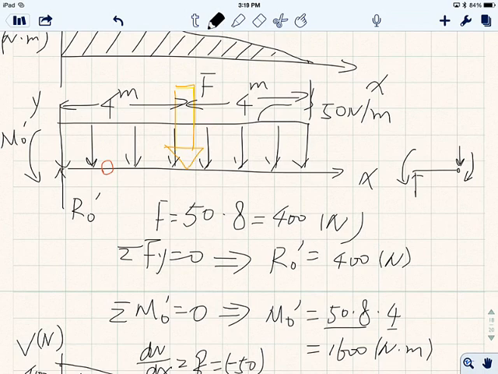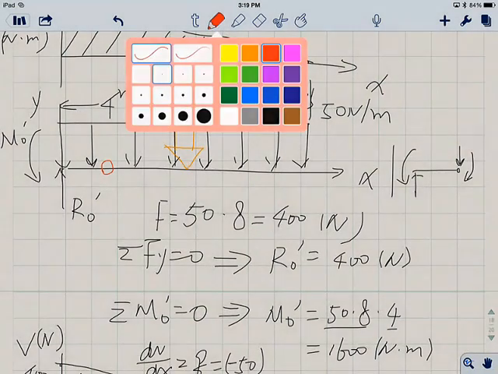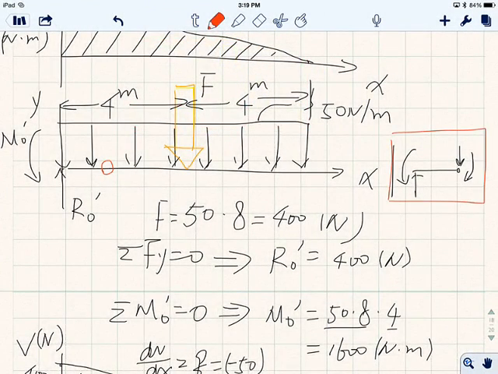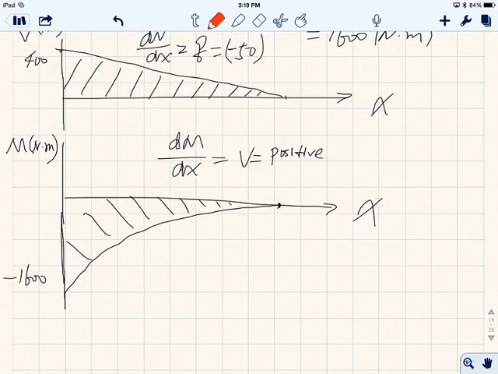Because at that red point, it is going to be under equilibrium. So therefore, the way you can think is say, hey, this bending moment at this specific point is negative, so that's why all these bending moments are negative.